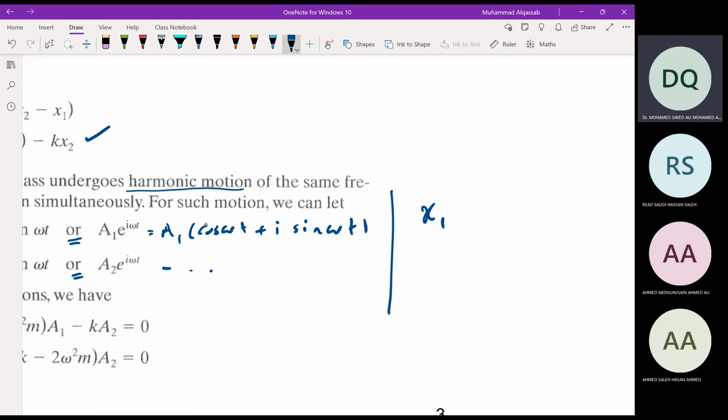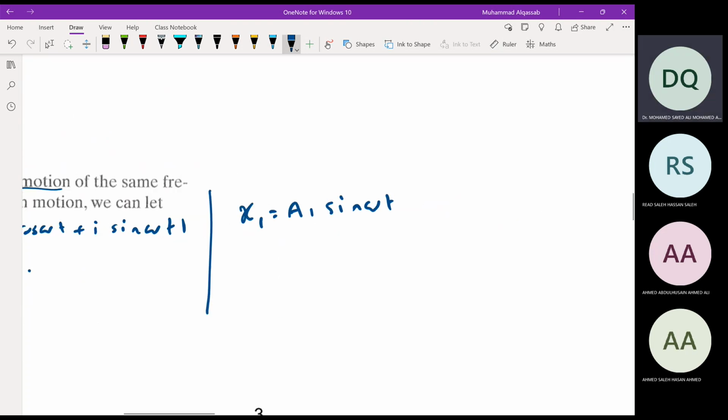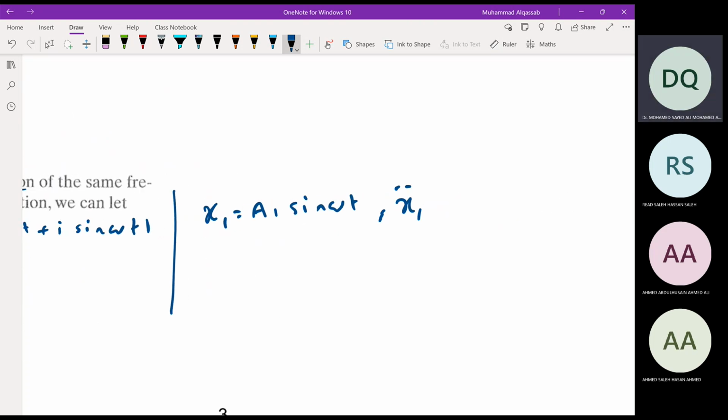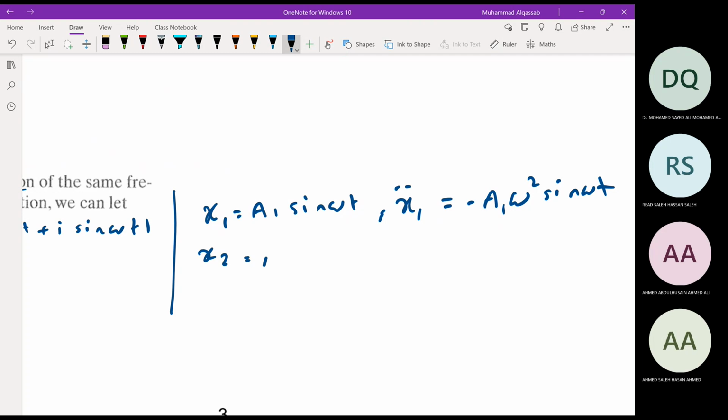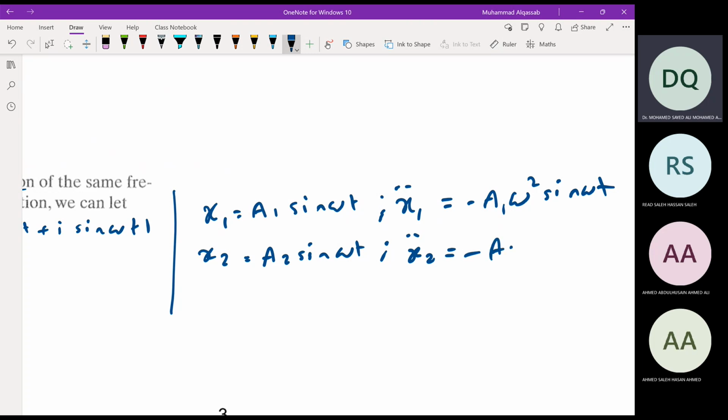So x1 is A1 sine omega t, and x1 double dot becomes minus A1 omega squared sine omega t again. The same thing with x2 is A2 sine omega t, and x2 double dot, which is in the equation, will have minus A2 omega squared sine omega t.